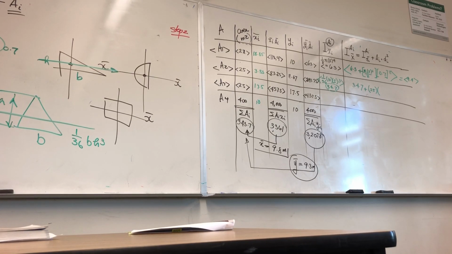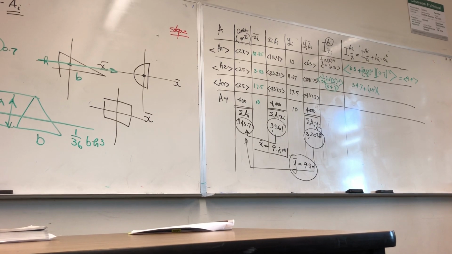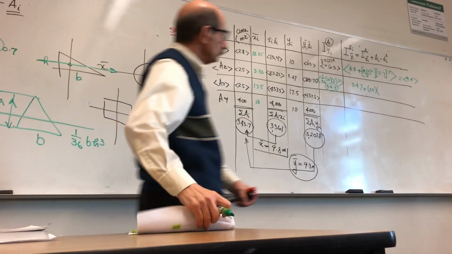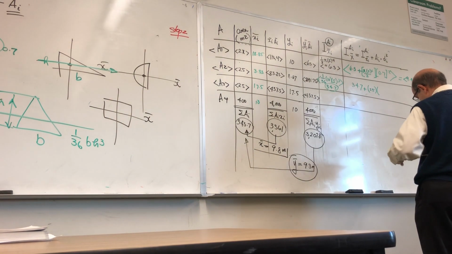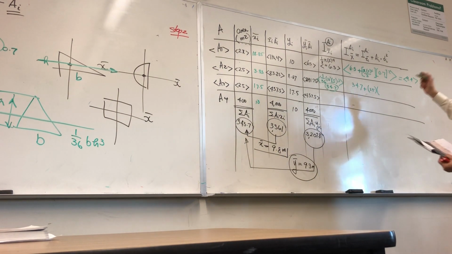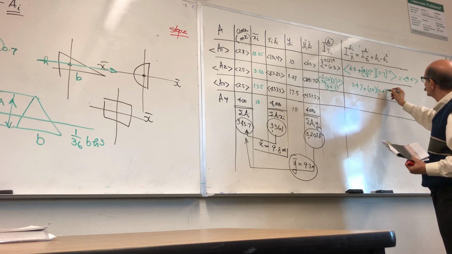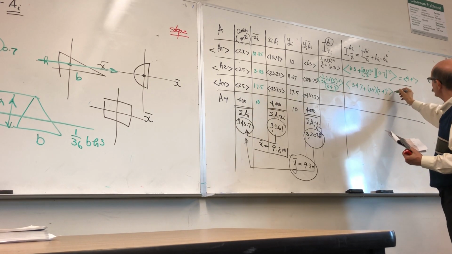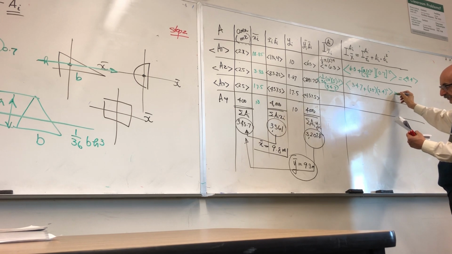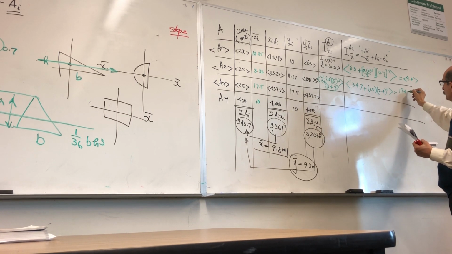This is 9.3, right? This was 11.67. So this distance, which I call D2, would be 11.67 minus 9.3. So it would be 2.37. So 2.37 squared, or 2.4 squared, that will give you 174.3.